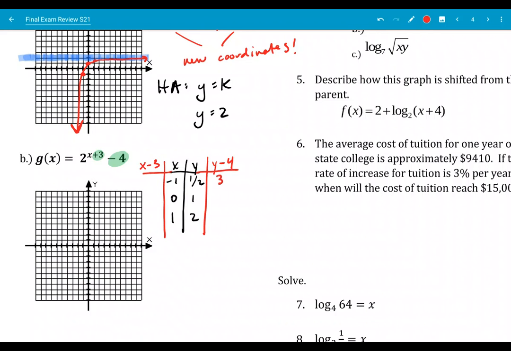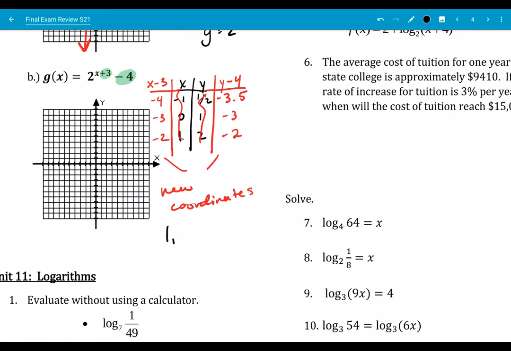So a half minus 4 is negative 3.5, negative 3, and then negative 2. Subtracting 3 from the x's, that's negative 4, negative 3, and negative 2. So these are my new coordinates. I also know that my horizontal asymptote is going to be at negative 4 here.